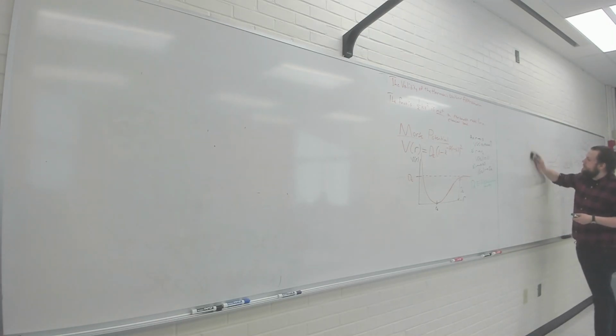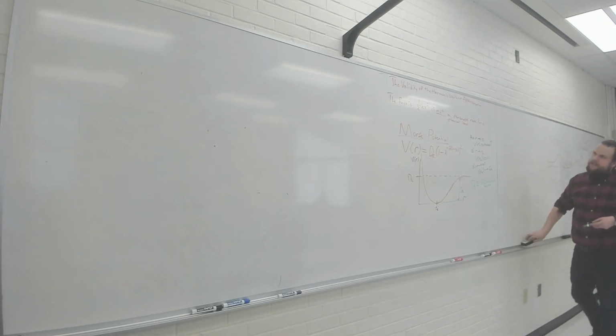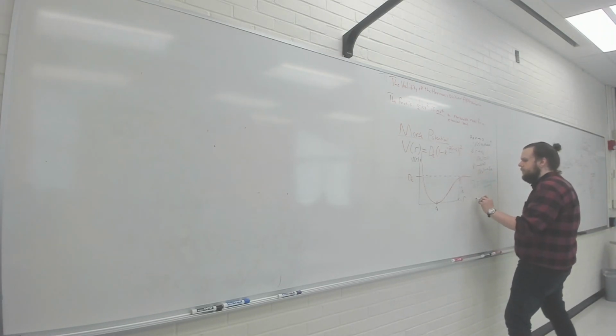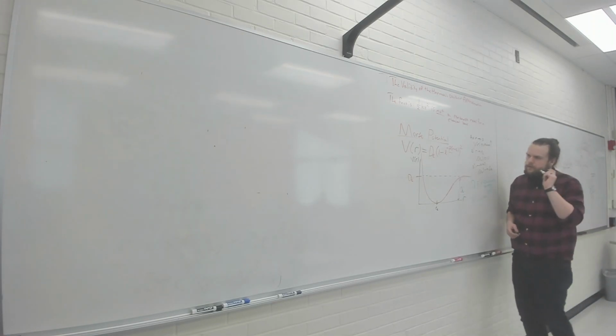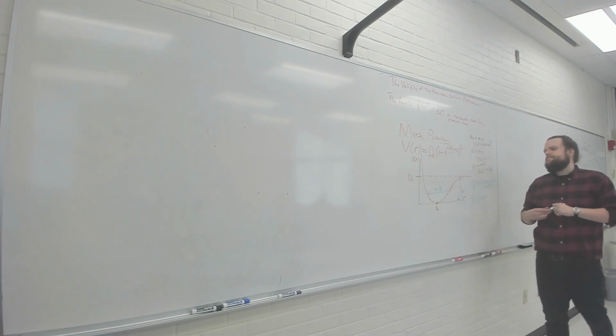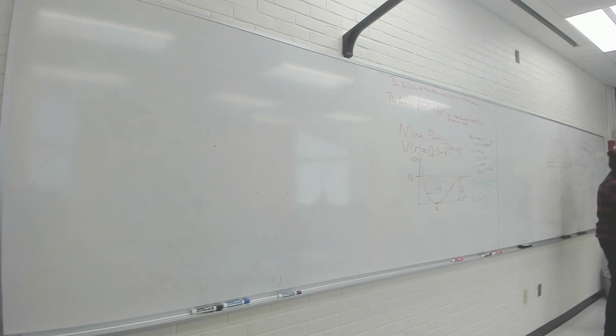All right, and then beta. Beta is just the inverse of the width of the potential. So the width here is proportional to 1 over beta. So the bigger beta is, the sharper the potential is, the more narrow it is.